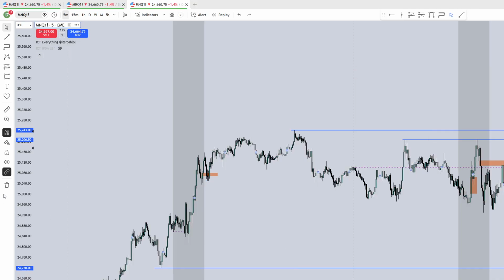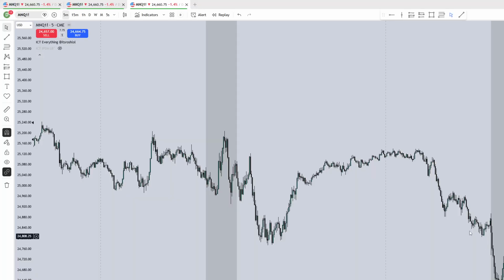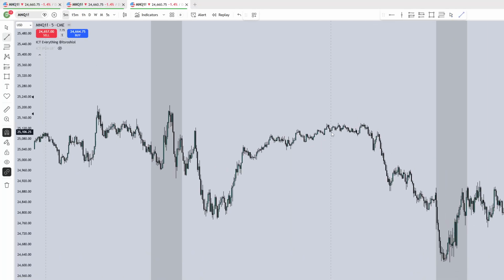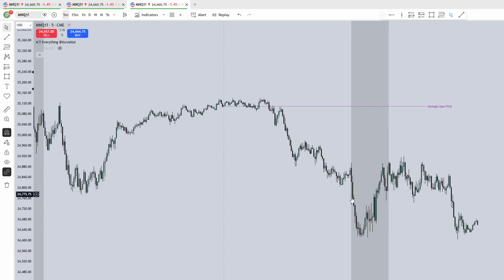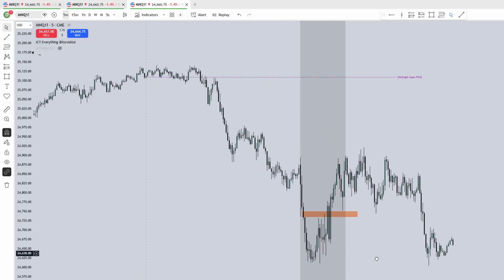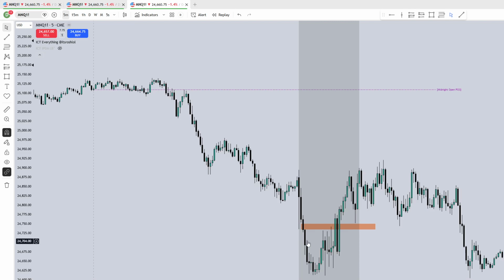And then Friday, which was a tricky day. At midnight, we're already in a deep discount. We trade lower. Here's this fair value gap. This is, however, not model 2022, which I took this fair value gap, but this was my mistake.